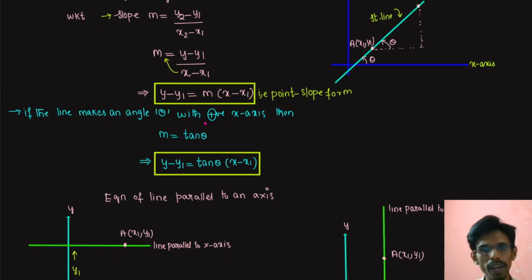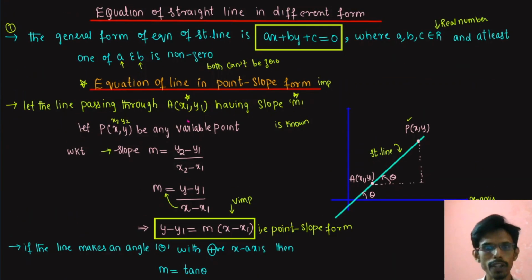This is called point slope form. This equation is known as point slope form because here m and x1 comma y1 are known quantities. Okay, this is a very important formula for the equation of line when we know the slope and the line passing through a point. Then we use the point slope formula.